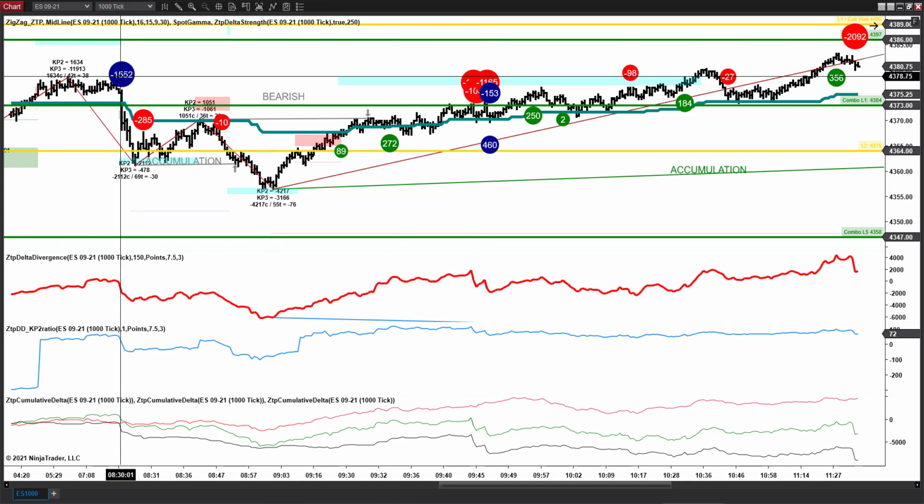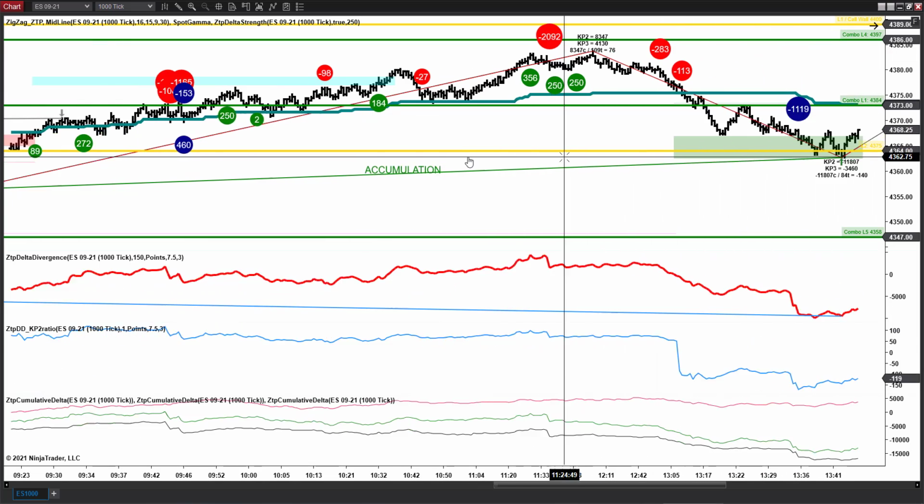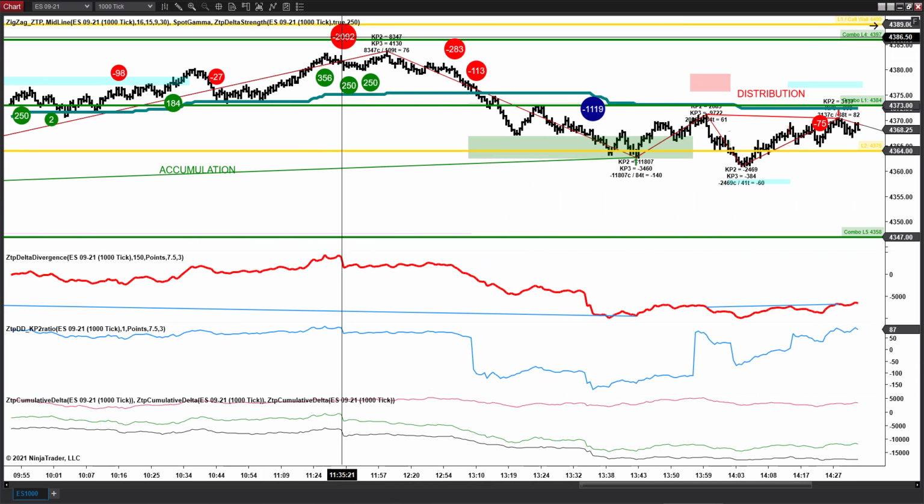We also had a 1,500 lot being executed at the news release back here. And then at the high of the day, we had another very large lot being executed. So could this have been covering at the lows?